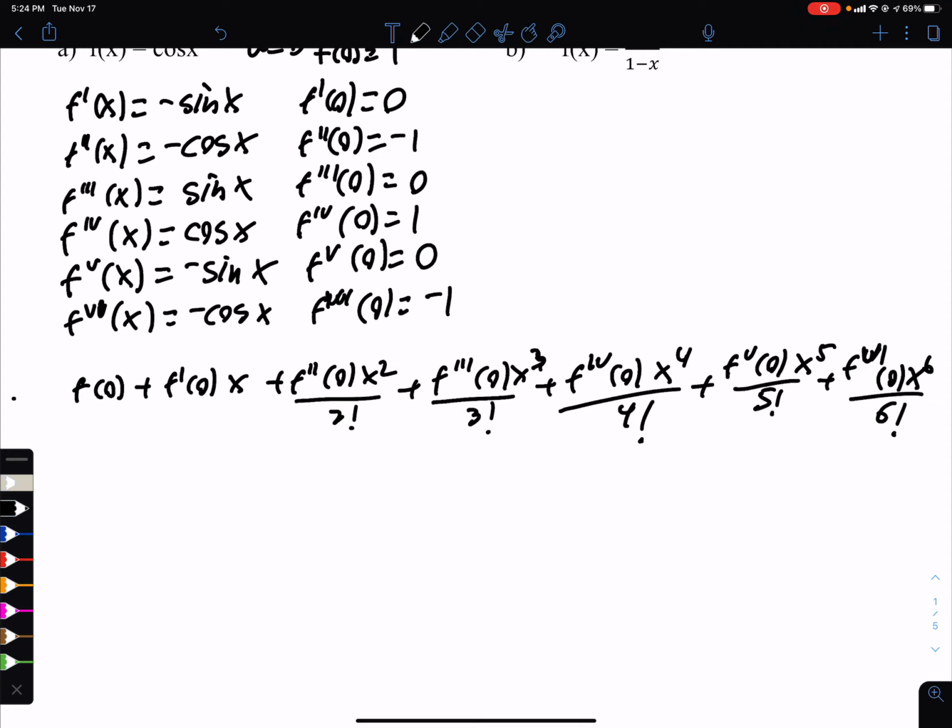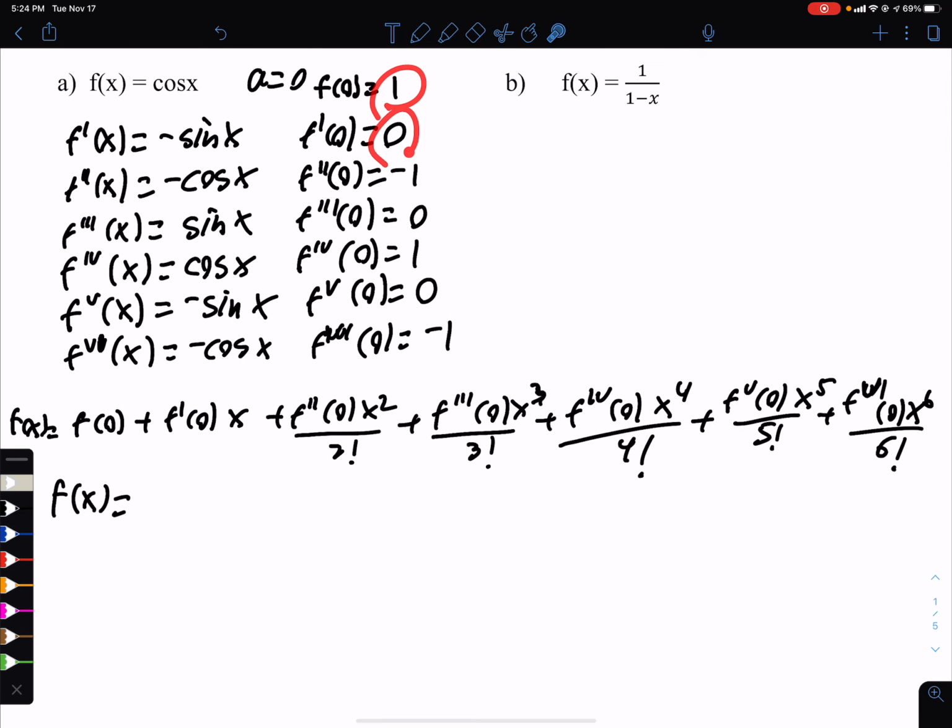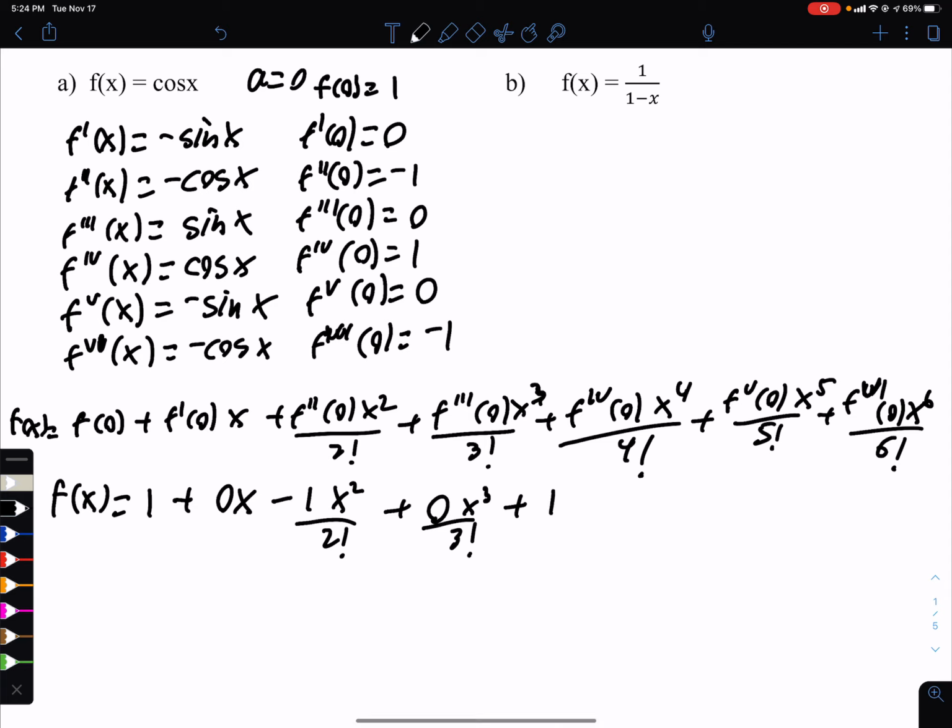And let's see if we can get a pattern for this. Taking the values from above, we got 1, 0, negative 1, 0, 1, 0, negative 1.